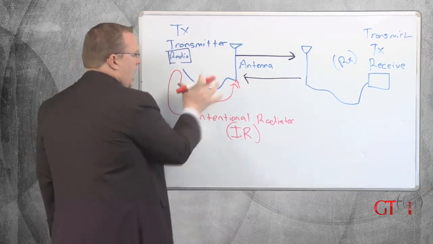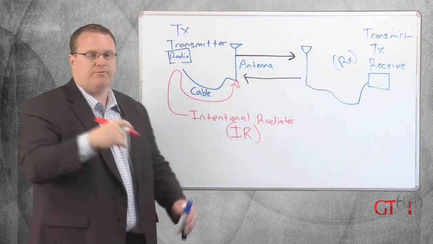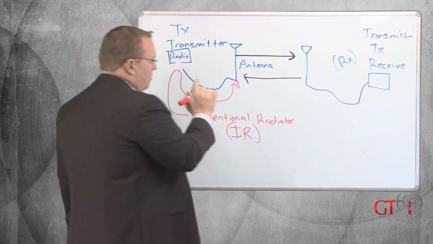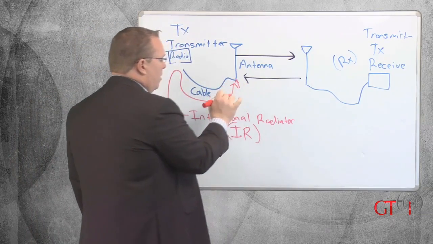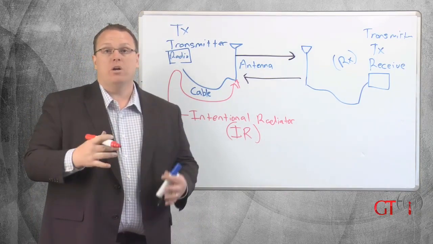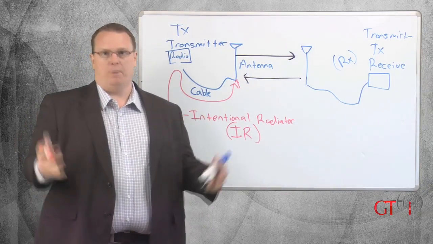So it's the radio, it's the cable, it's anything in between, power amplifiers, noise filters, anything in there. But if we were to put a meter right there, that is the intentional radiator, and that is where power can be measured. Why do we care about this?